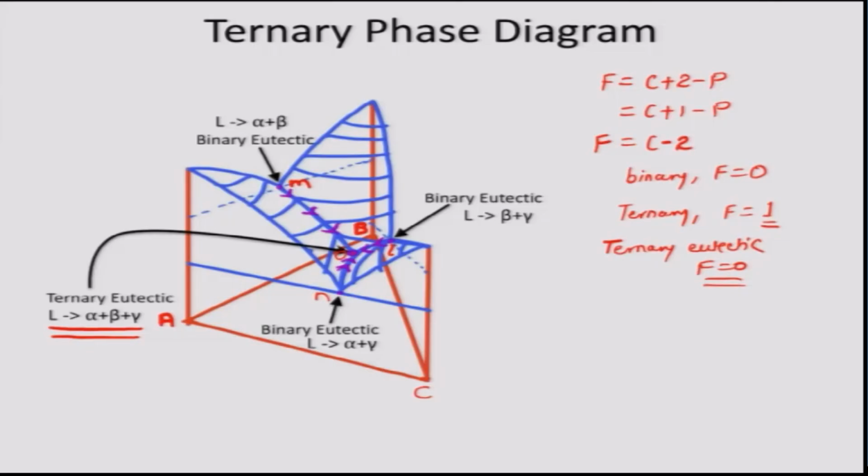However, for this class we are not interested in studying the ternary phase diagrams in depth, but only in knowing how to read ternary isotherms, so that we can use it later on when we study multiphase diffusion. So, I would now briefly introduce you to how to read ternary isotherms.